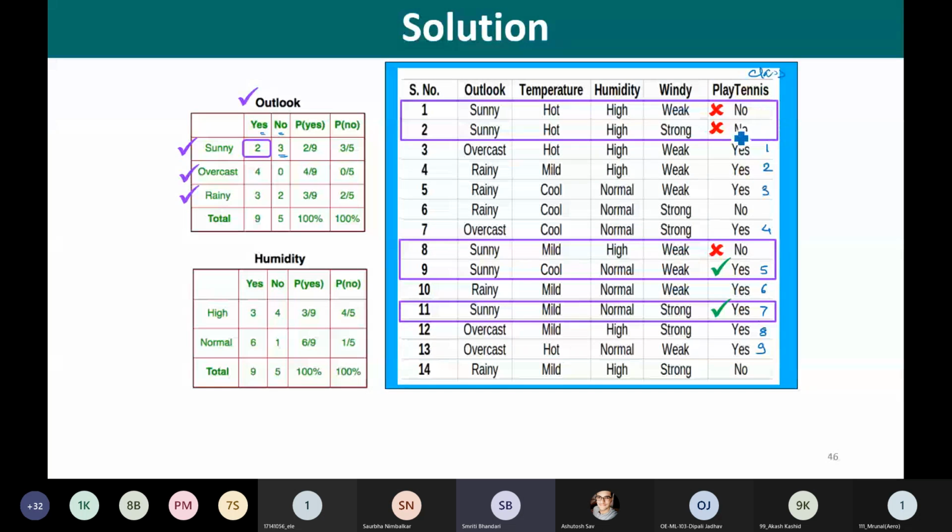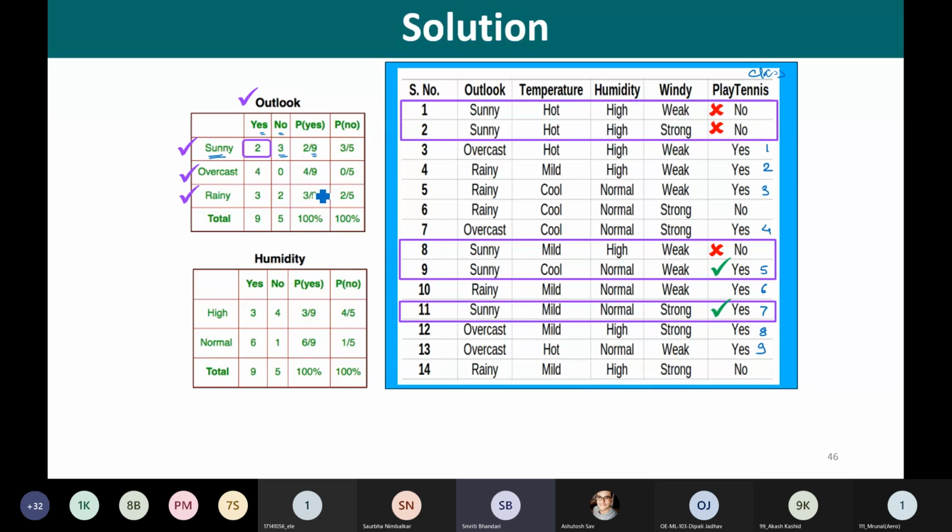So next, while computing the probability of yes for the attribute outlook with value sunny, we have 2 instances having play tennis value yes. So the probability is 2 divided by 9. Out of the total 9 instances with play tennis value equal to yes, 2 instances have the outlook value equal to sunny.